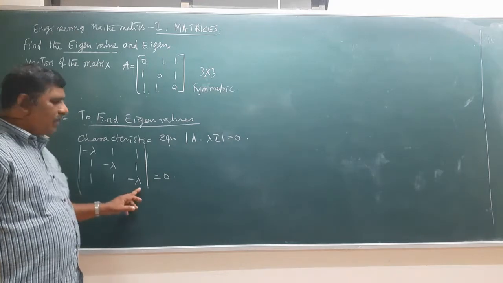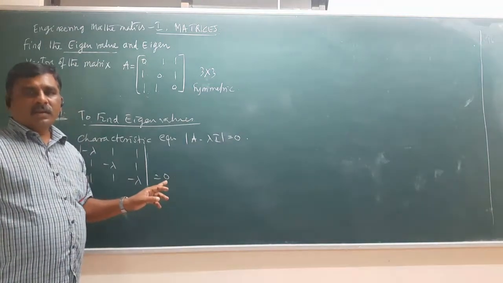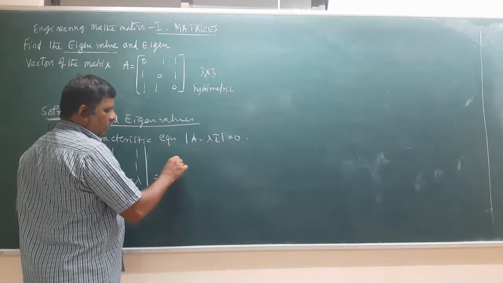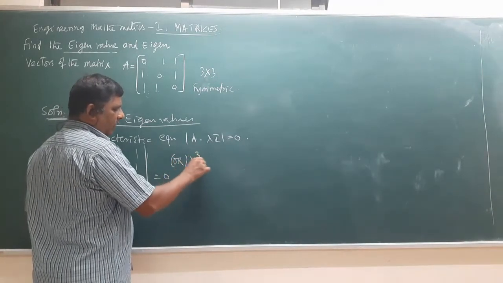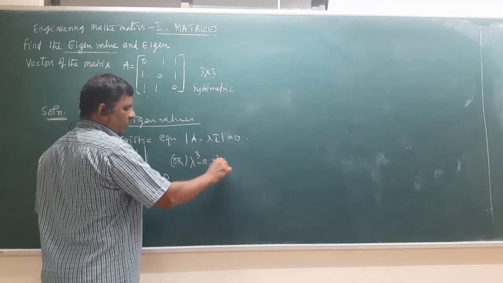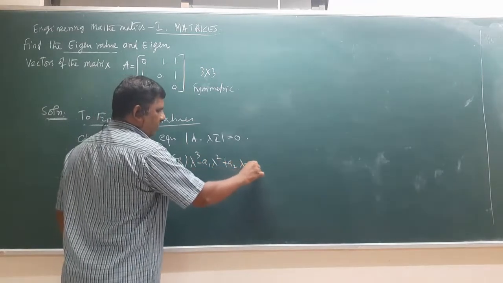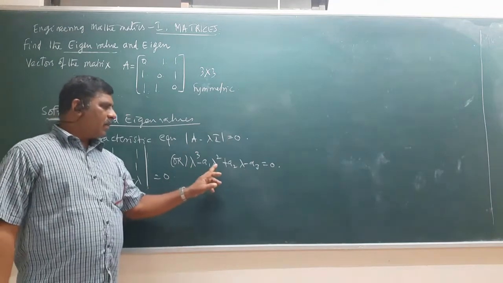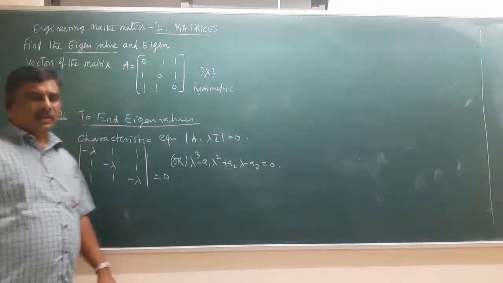You can expand that. Otherwise, one shortcut formula is there. That formula is lambda cube minus a1 lambda square plus a2 lambda minus a3 equal to 0. So we will find a1, a2, a3 one by one now.